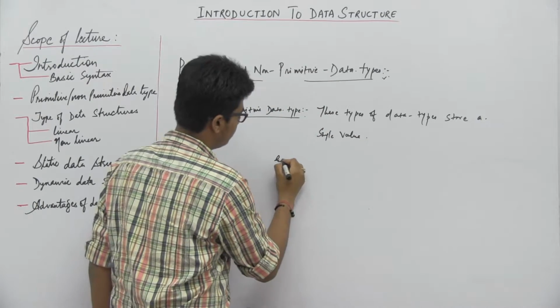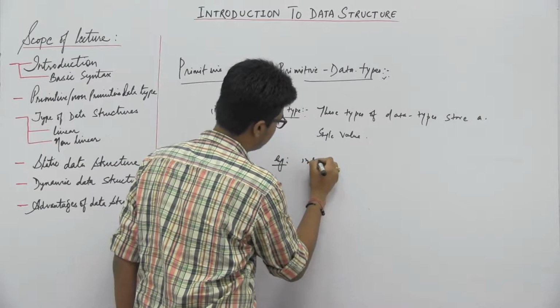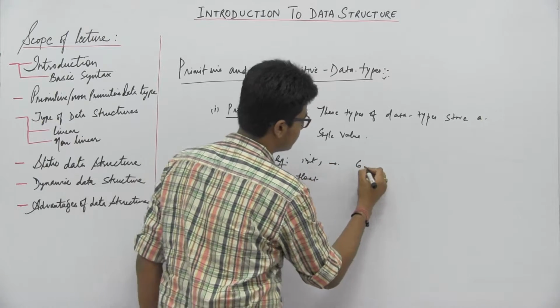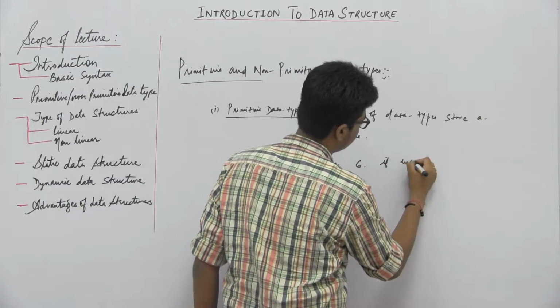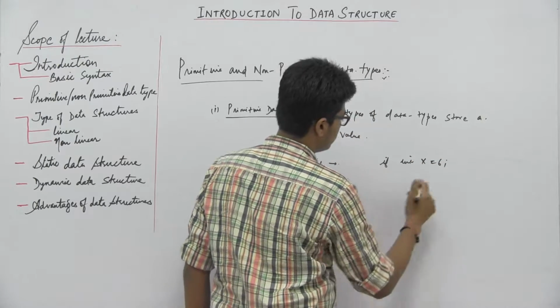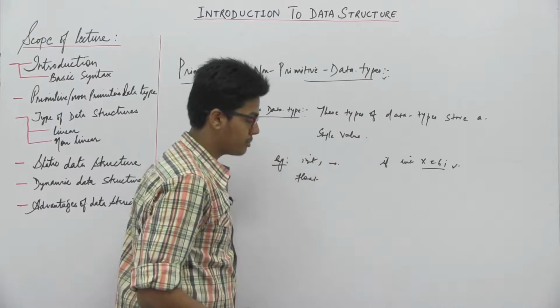For example, integer, float. Integer, like 6, if we define int x is equal to 6. So it is categorized under the integer data type.